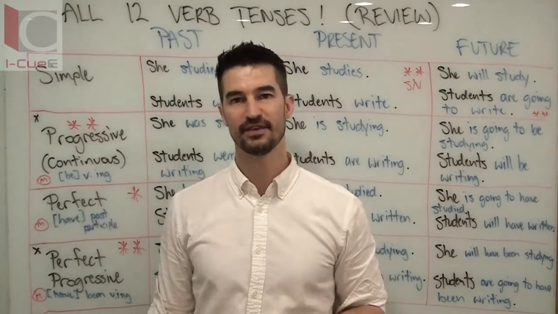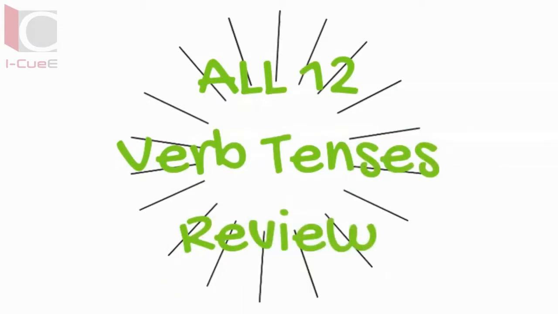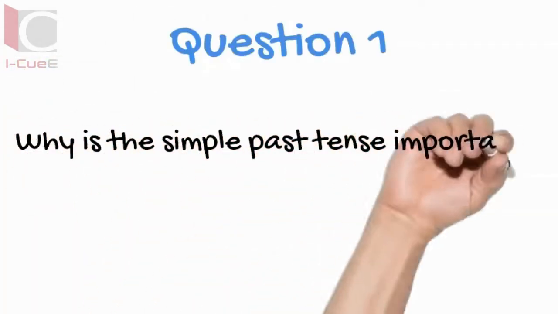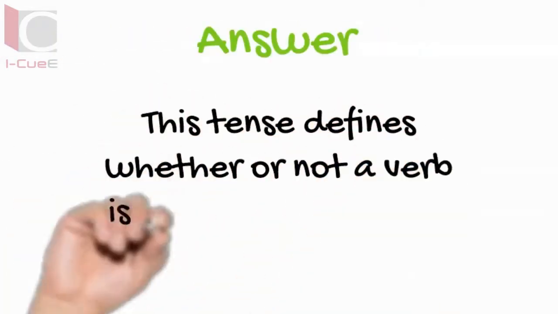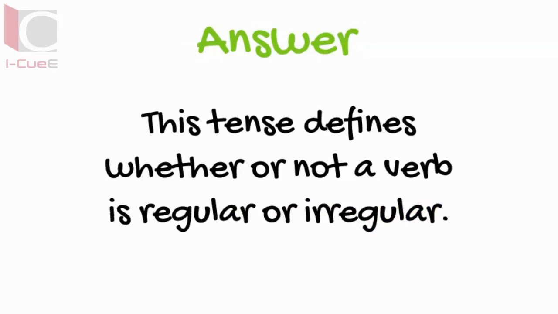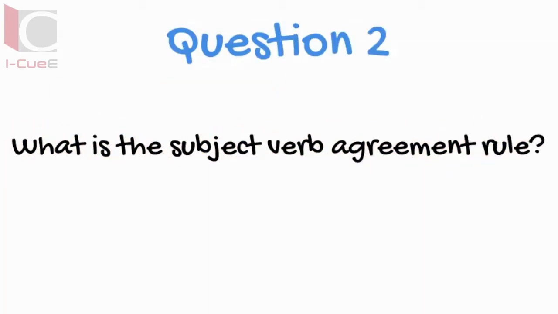Now that we've reviewed, well, let's review. All 12 verb tenses review. Why is the simple past tense important? This tense defines whether or not a verb is regular or irregular. What is the subject-verb agreement rule?